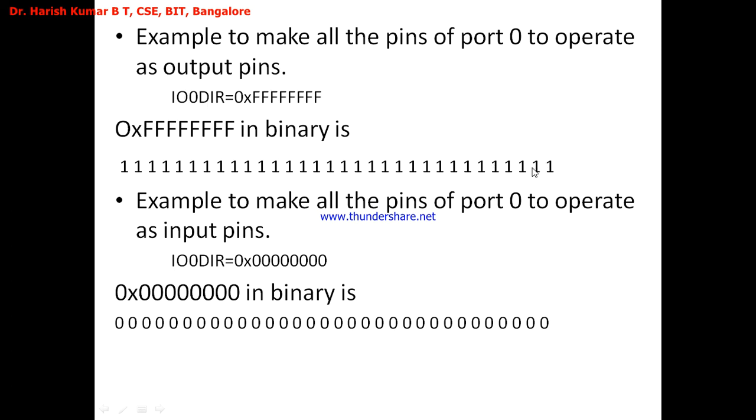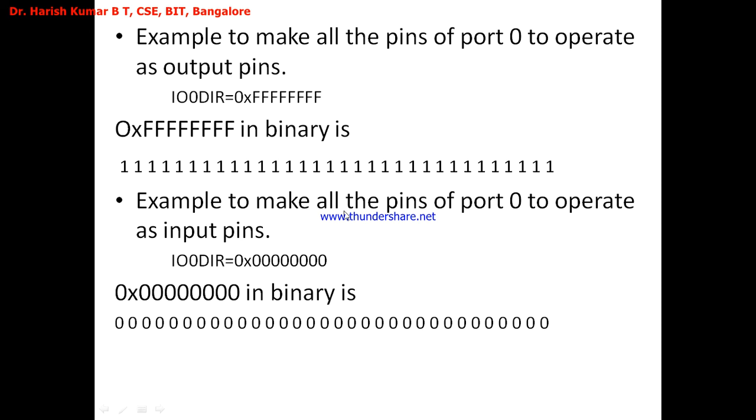So this second bit 1 in IO0DIR makes the port pin P0.1 act as output, and similarly I have made all the bits of IO0DIR as 1, hence we have all the pins of port 0 from P0.0 to P0.31 acting as output pins.